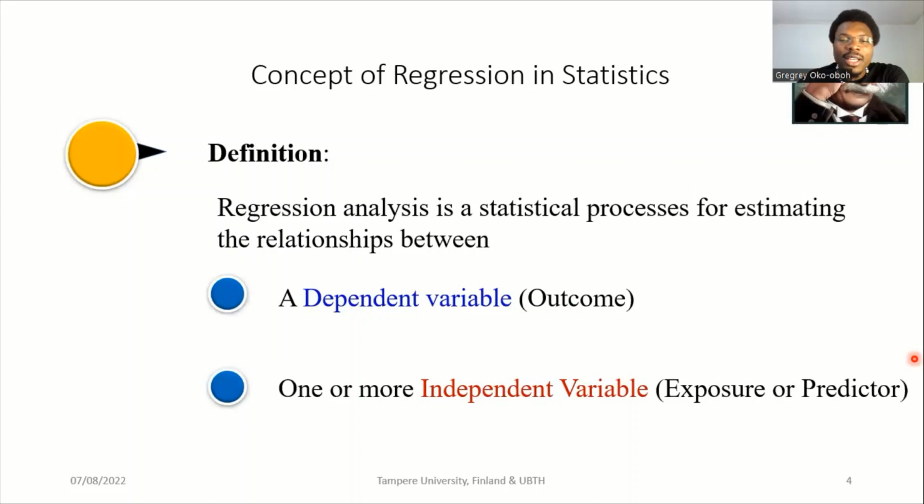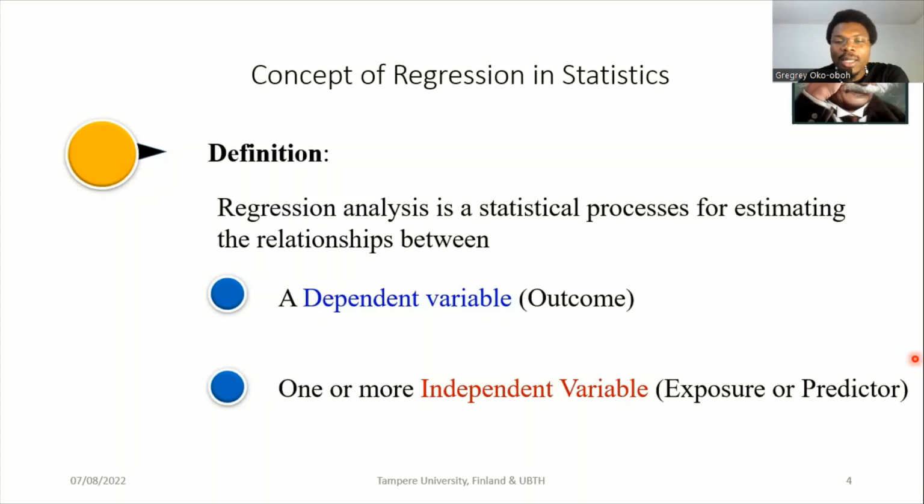So what regression tries to do is to attempt to explain the relationship between an outcome and an exposure in a research using statistical means. And this episode is trying to look at the basics of what it's all about, and then look at the mechanics and the mathematics underlying this regression modeling tool.